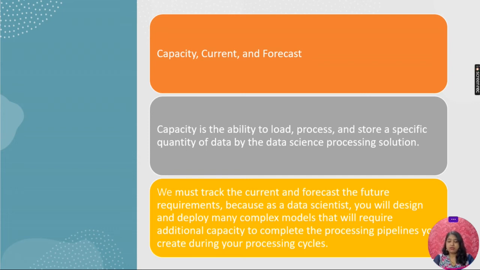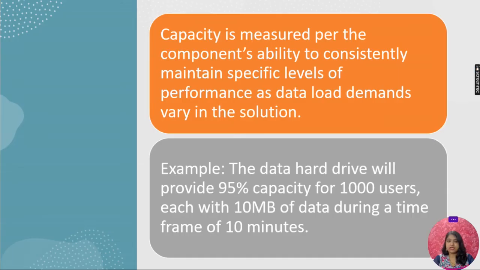So we should be able to find out the current capacity of the system, how much load the system can take now, and we should be able to forecast the future needs of the system.